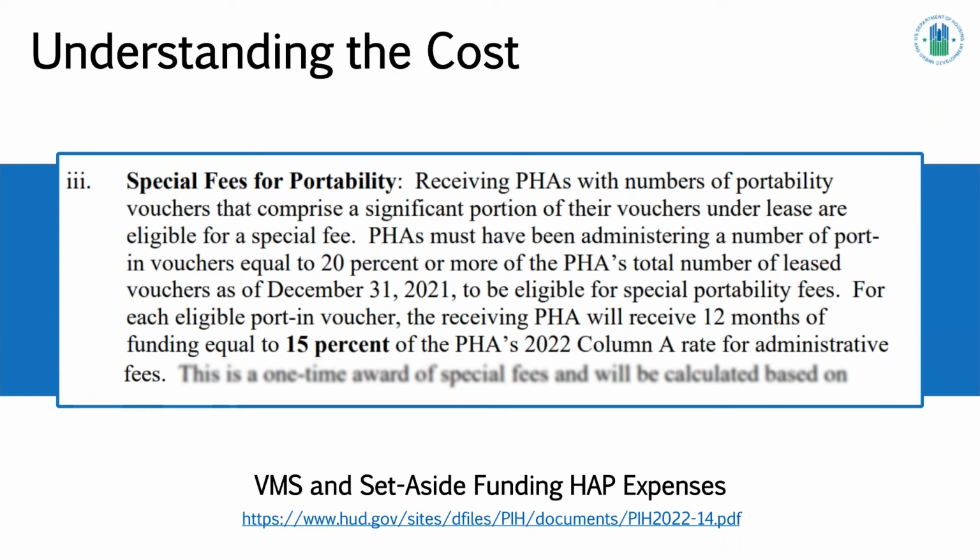And so if you are a PHA who is administering a large portion of ports that is equal to 20% or more of your total vouchers, you can apply for set-aside funding in which you can receive additional special fees for any PHA that's administering a large portion of ports.